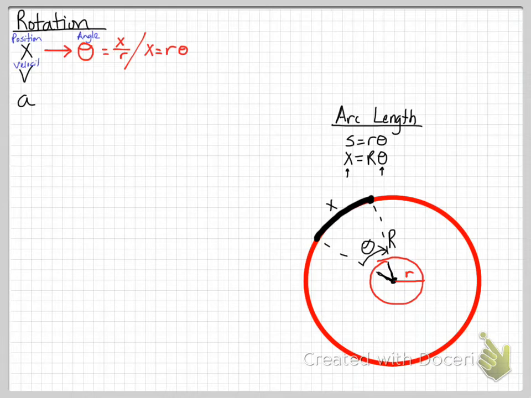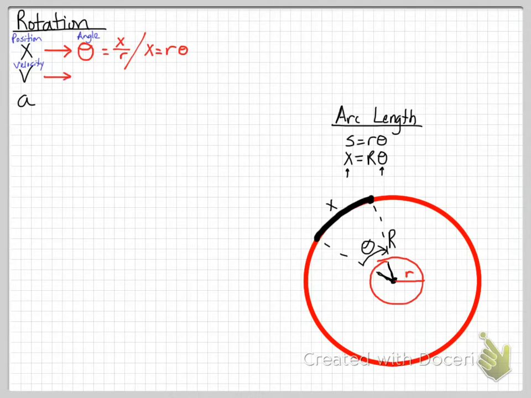We can find the different displacement or the different linear distance or displacement X that we're going to use. So basically the position we cover on the outside of the circle is our arc length, and then we're going to sweep through an angle that we're going to call theta, and they have a relationship where theta equals X over R, or X equals R theta.